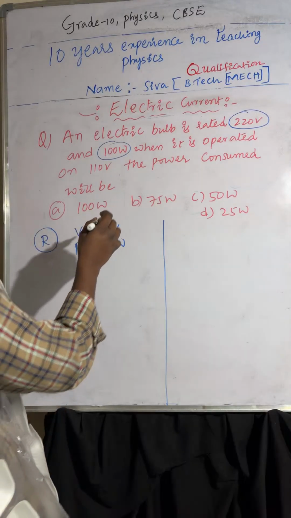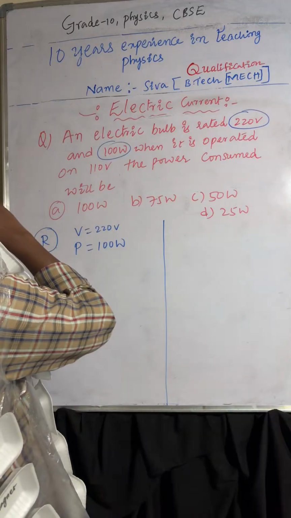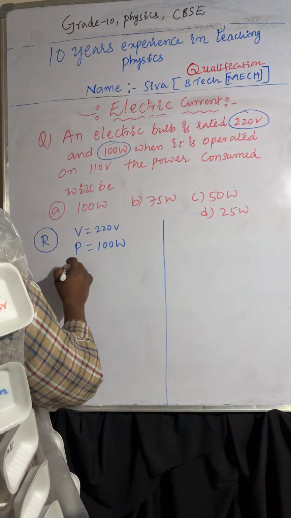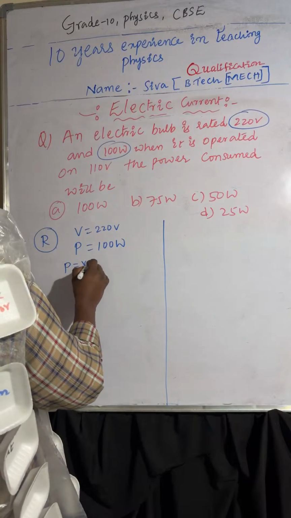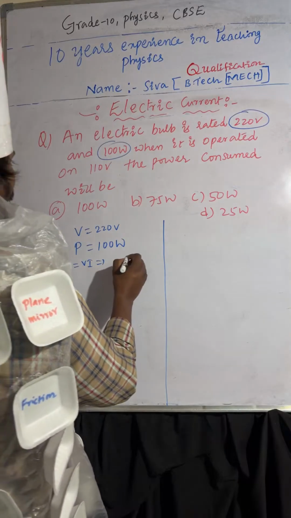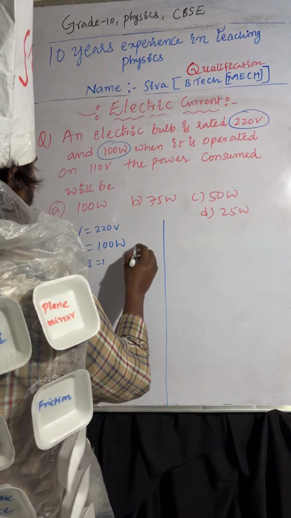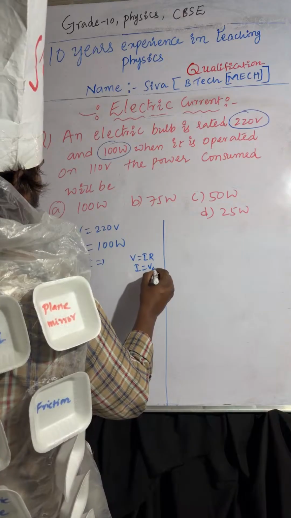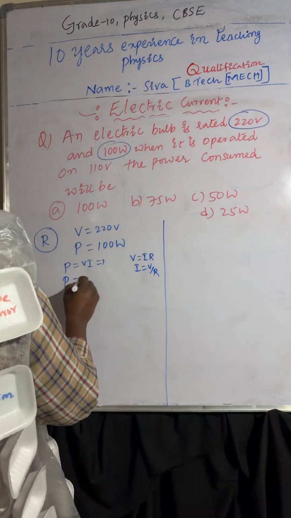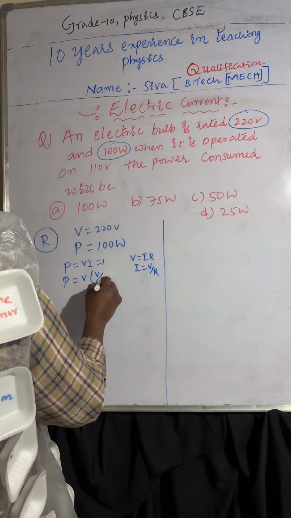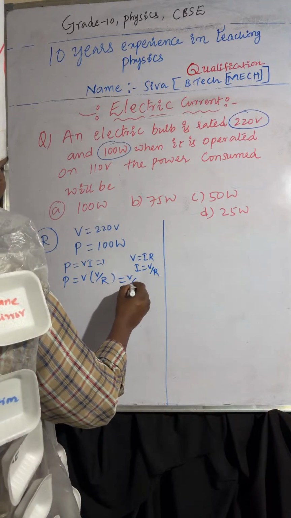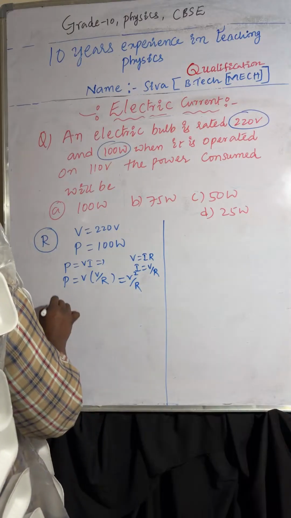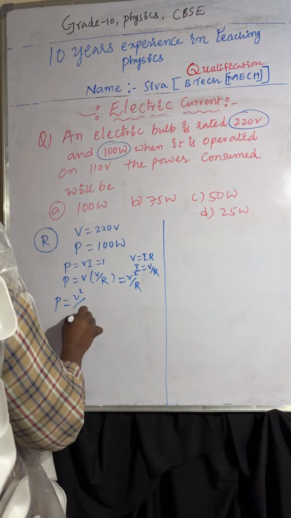That is common for the second case because it is the same bulb. We know P equal to VI, and V equal to IR, so I equal to V by R. We have only voltage and resistance, so we can substitute P equal to V square by R.